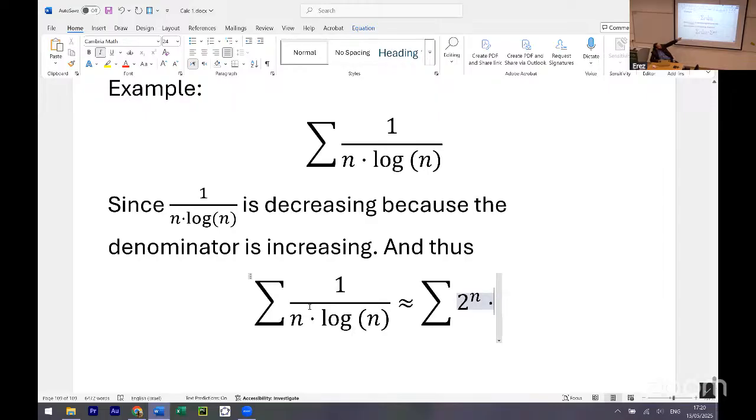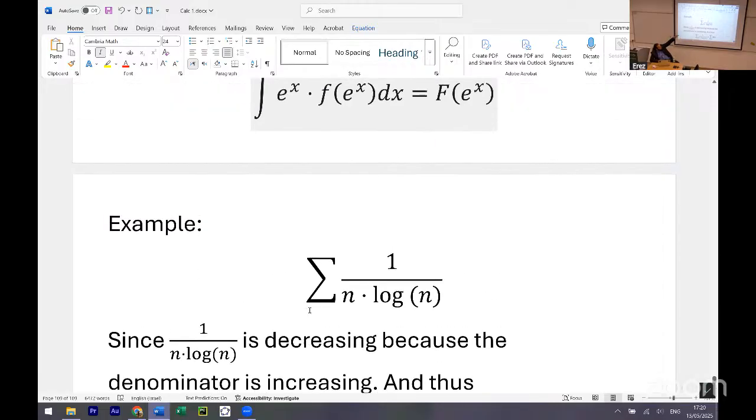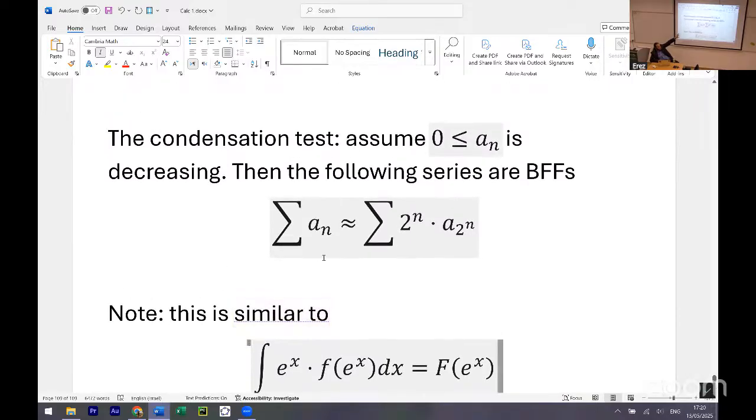Okay, so seriously, this is the important part, so try to focus. What do I do? Who is the BFF? I take the original series and then I do two things. I always multiply by 2 to the power of n. You don't need to think about it. And the thing which is a bit more confusing, I take the original sequence, but instead of n, I'm putting 2 to the power of n.